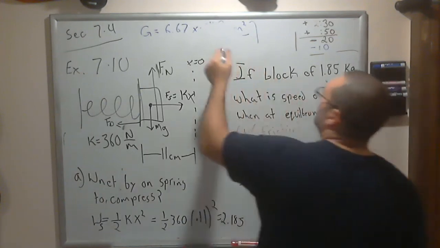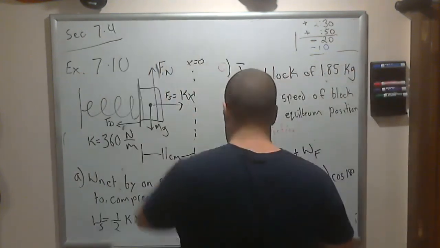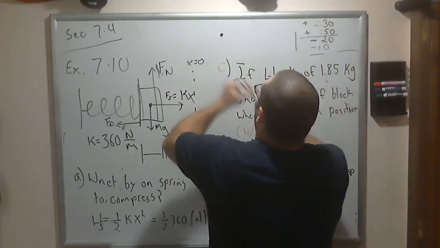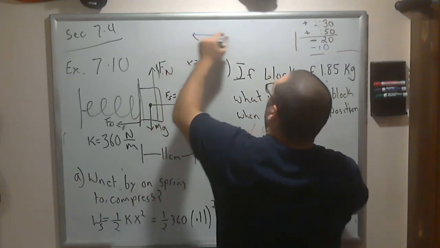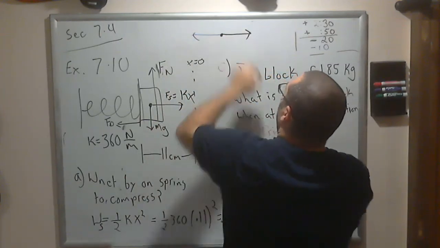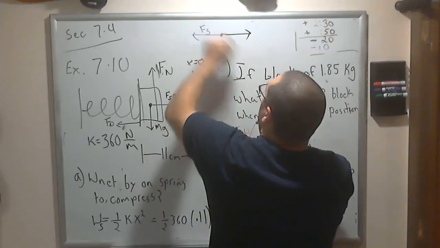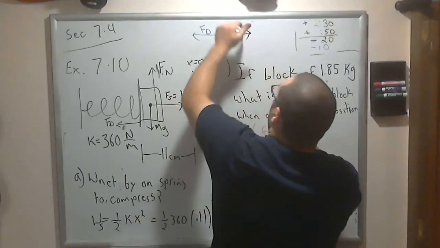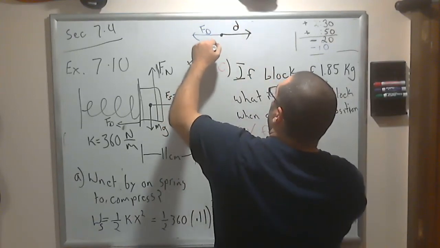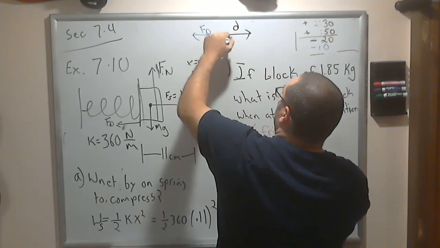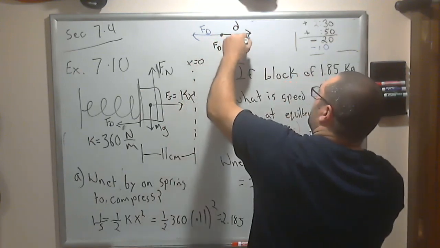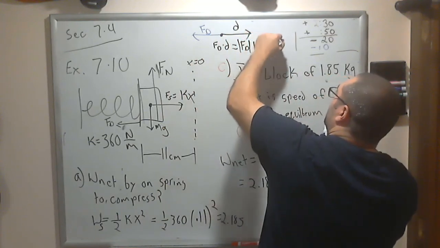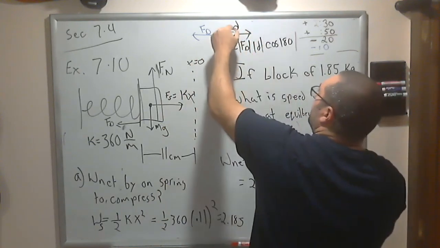So Fd dot d is equal to the magnitude of Fd times d times cosine 180.